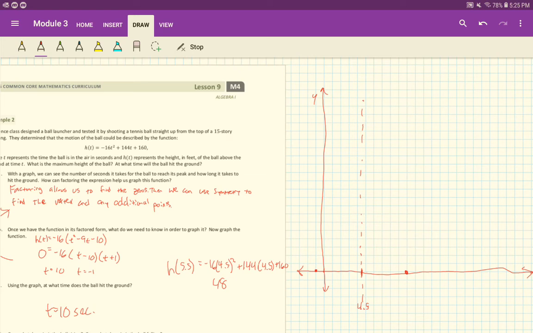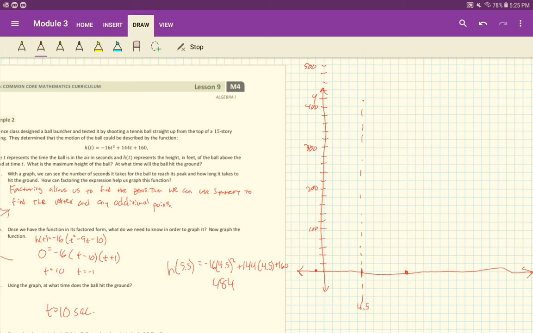Maybe we count by 20s. So 20, 40, 60, 80, 100, and so on.